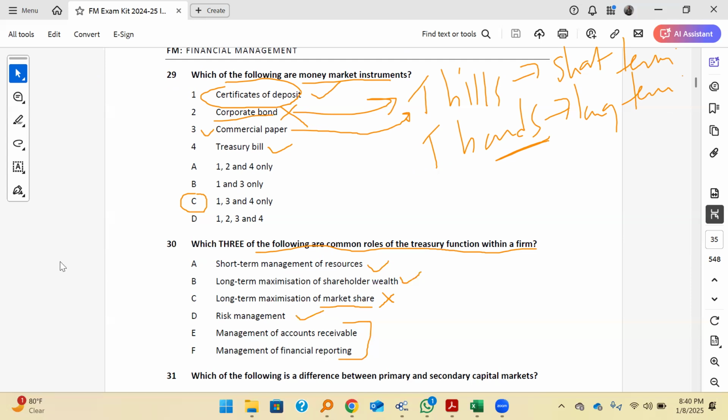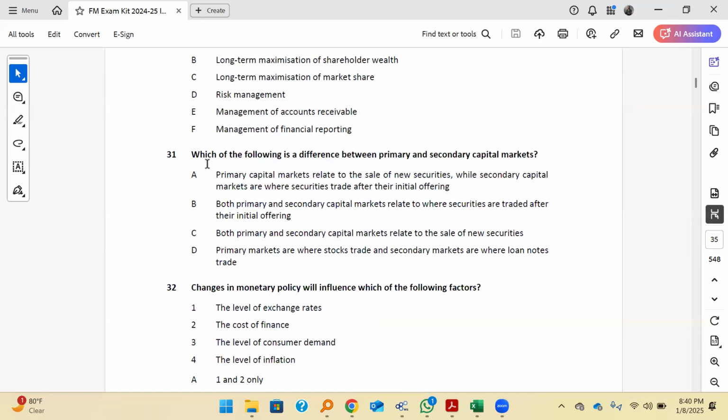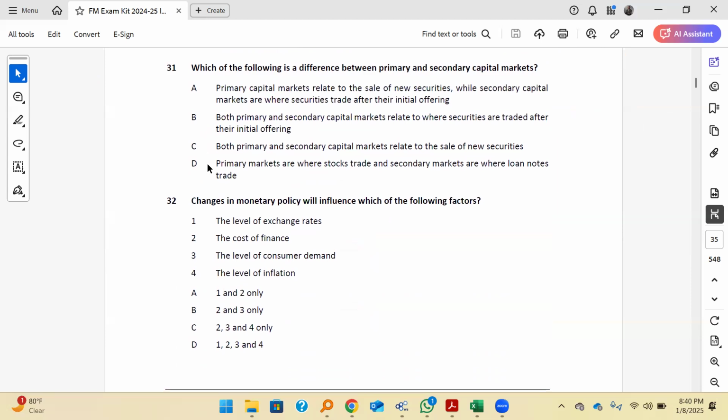So if we proceed, which of the following is the difference between primary and secondary capital markets? Now, when it comes to capital markets, there is a primary market, there is a secondary market.